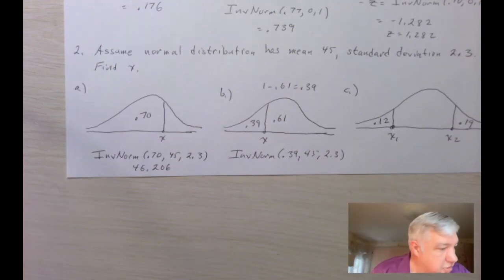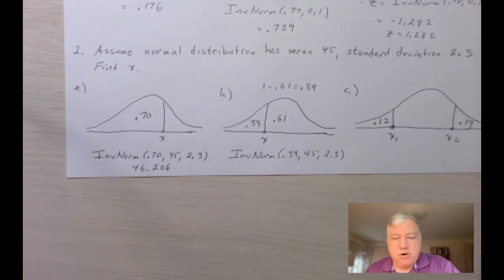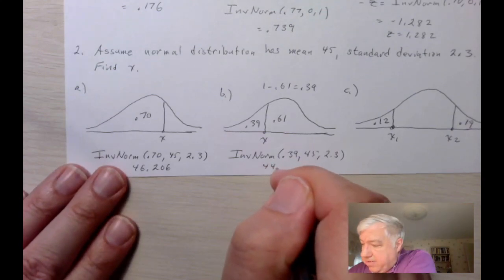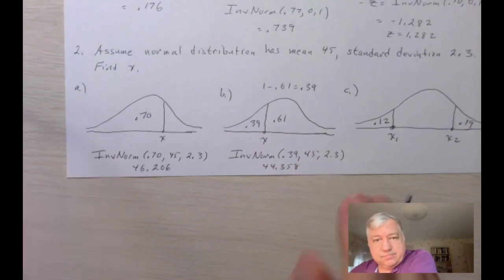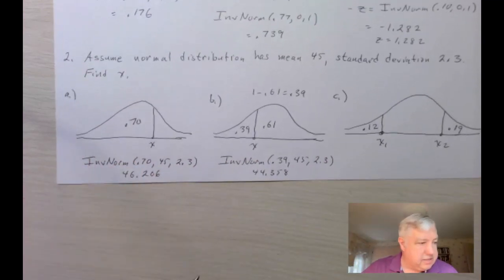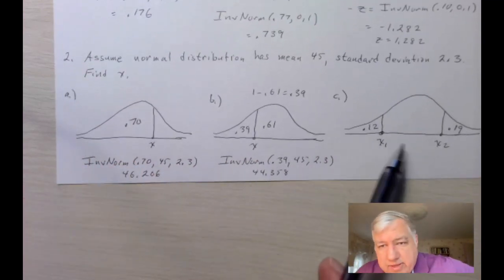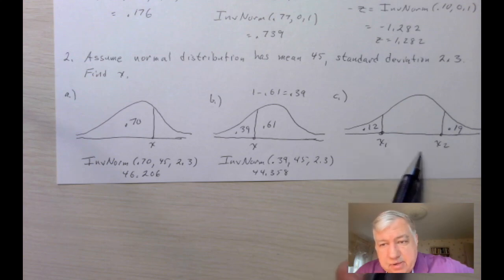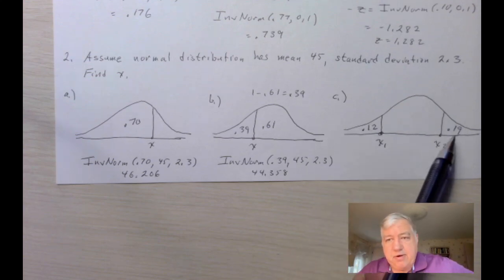Okay. And so in this case, x is 44.358. And here we can see that x1, now in this case these are not symmetric because this area is less than this area.